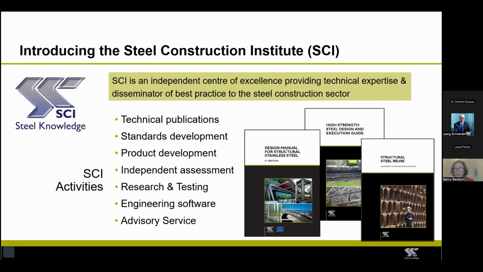Let me first explain what the Steel Construction Institute does. We are an organisation based in the UK, close to Heathrow Airport, and we promote the best use of steel in construction, whether that's steel in bridges, or modular construction, light gauge steel, offshore platforms, whether it's high strength steel or stainless steel.